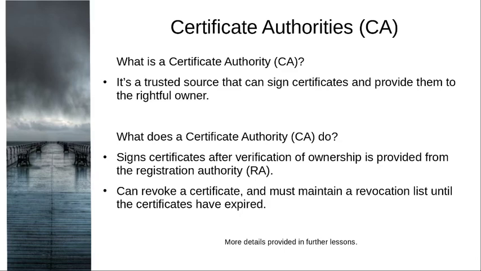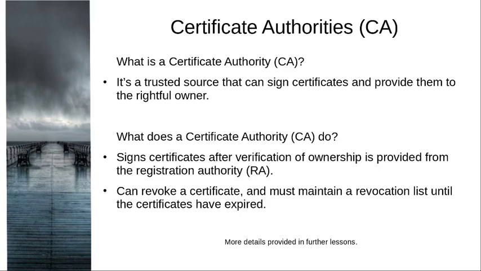And if that trust is misused, or if the certificate authority becomes compromised, then that trusted source or certificate authority may be removed from the internet browsers and no longer trusted. So inherently, all the users of internet browsers are trusting those certificate authorities.